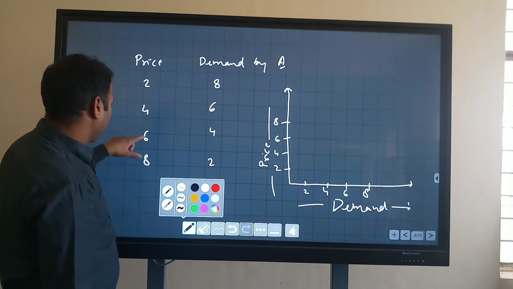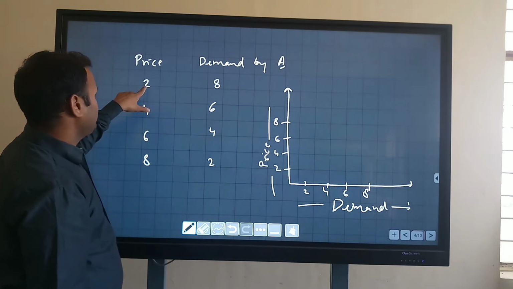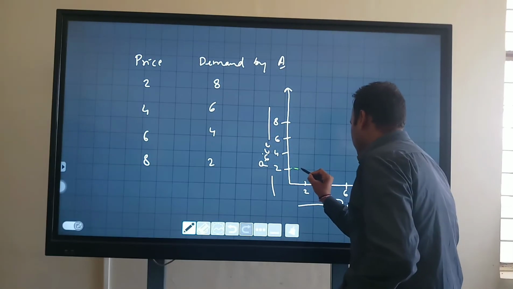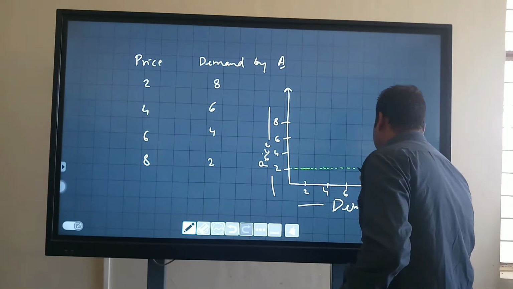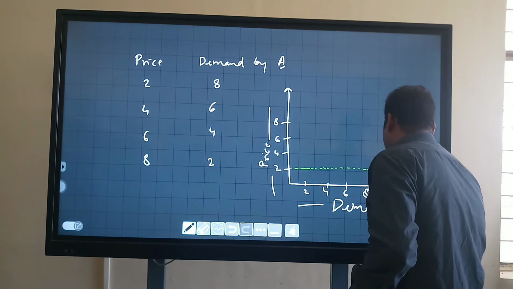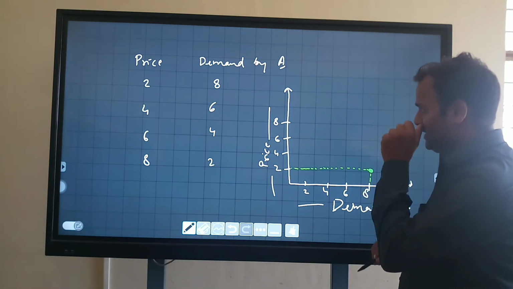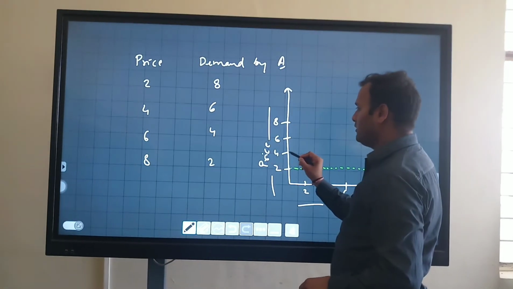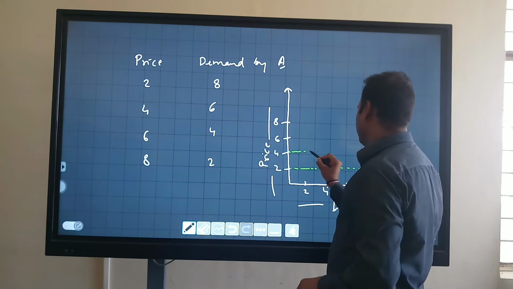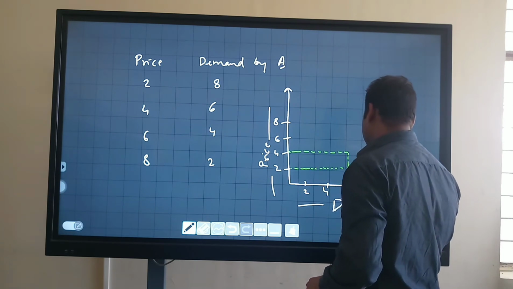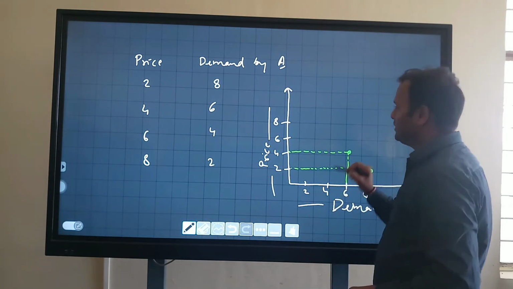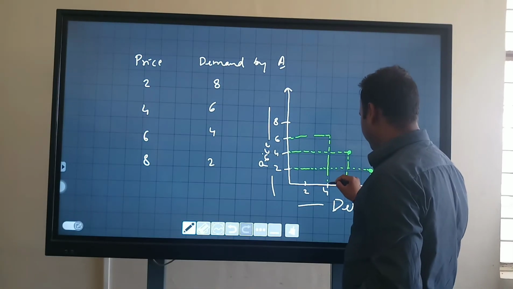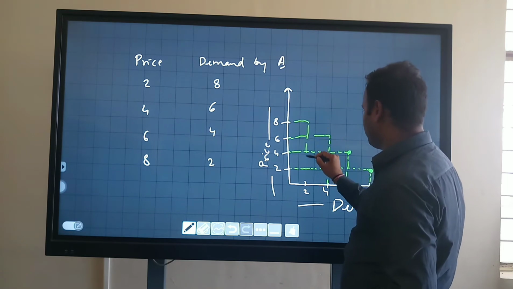When the price of the particular commodity is 2, then how much is the demand? The demand is 8 units. When the price rises from 2 to 4, the demand for the particular good is 6. When the price is 6, the demand is 4. When the price is 8 rupees, then the demand is 2.